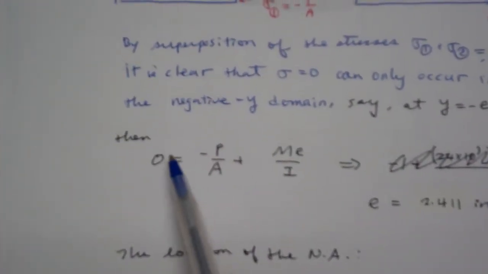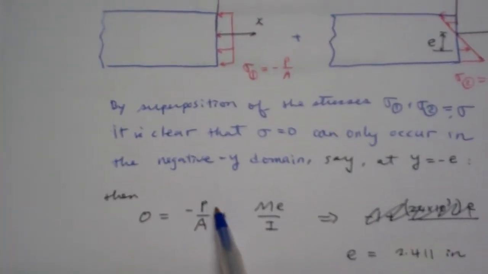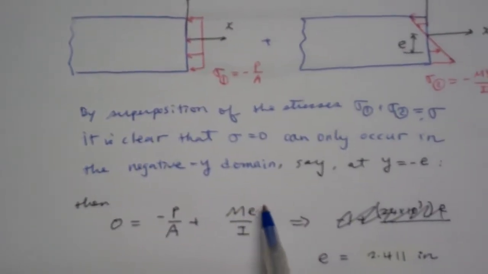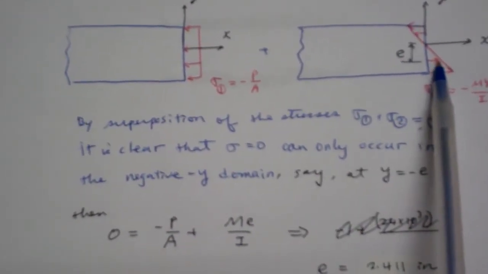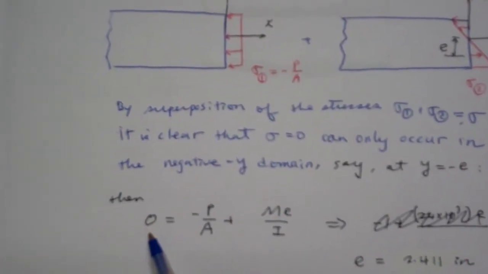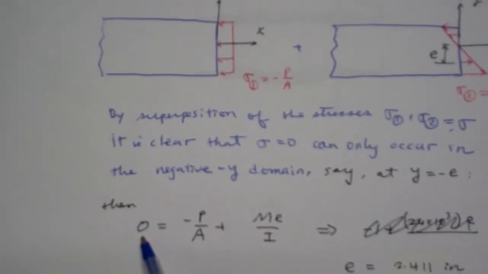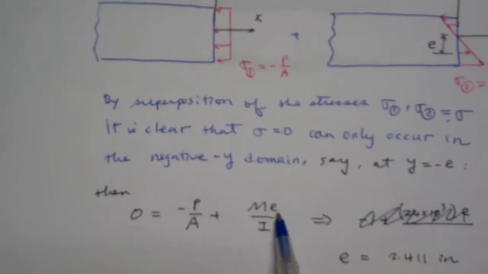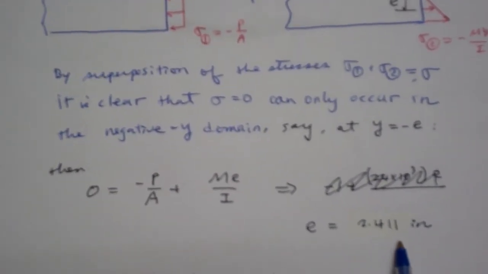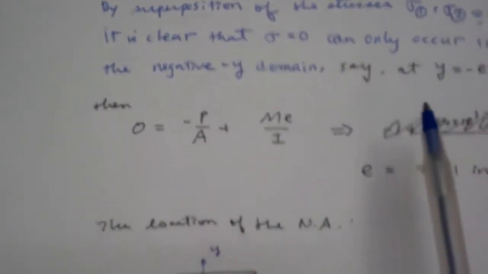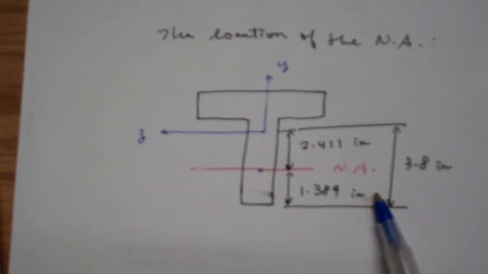When we superpose the two stresses, this stress is from here and this stress is from here, and we take the summation equal to zero, which is the definition of the location of the neutral axis. Putting it into this equation to solve for E, we find E is equal to 2.411 measured from the x-axis.